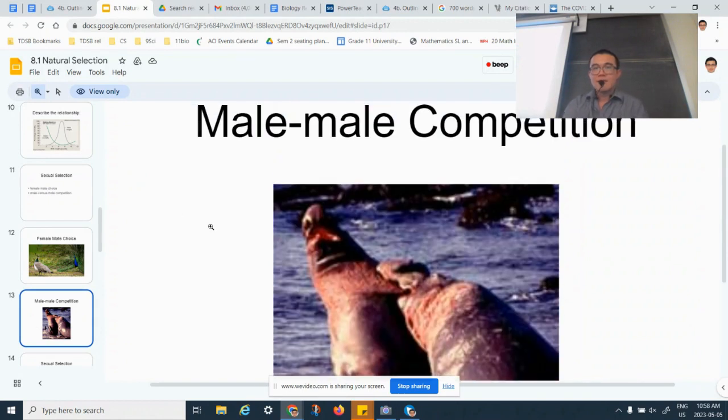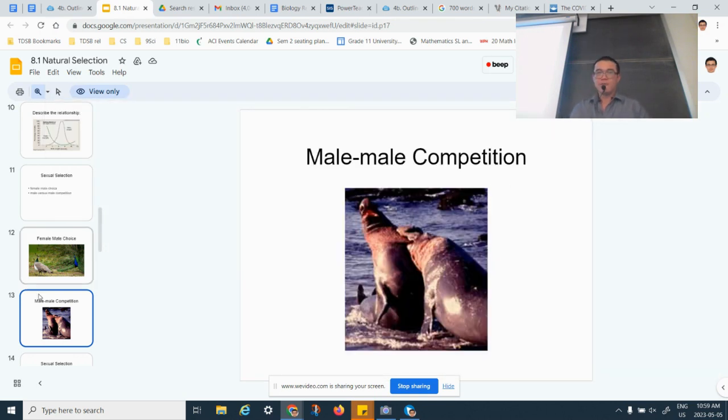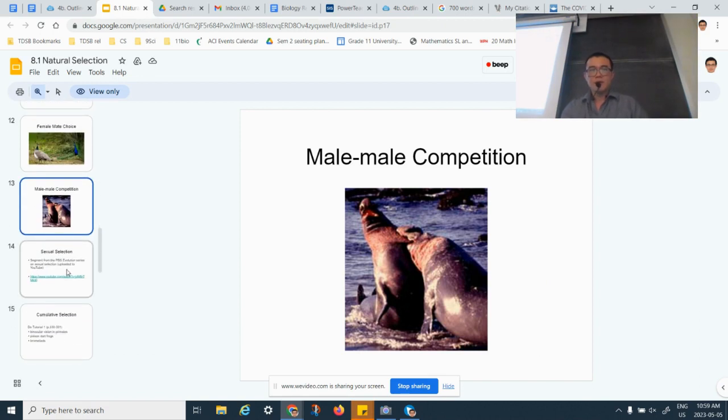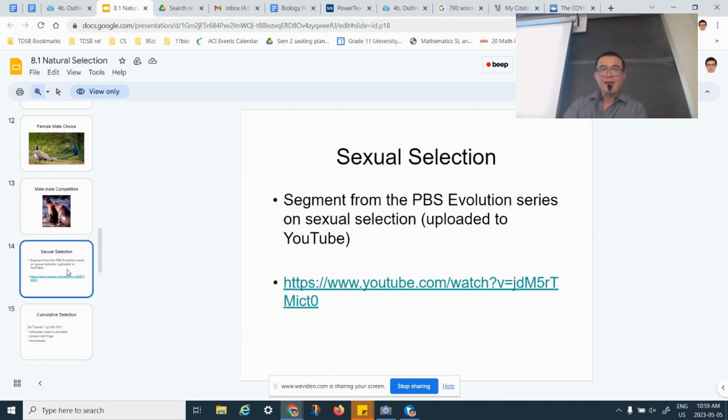Now, male-male competition. So again, at the same time, you have male-male competition. This is also the reason why, for most species, males will fight with other males for territories, and the ones fighting tend to be the larger, louder, more flamboyant ones.